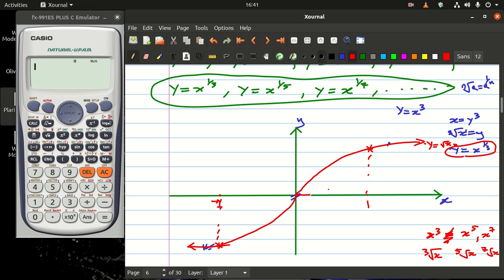If I pick a value somewhere in between, and I say maybe it's 1/4, this is somewhere, this cannot be here. Let me try to be precise. 1/4 is supposed to be here, a quarter. So if I'm plugging here 1/4, I will get 1 over the third root of 4. But we can't really work with that. But it doesn't matter.